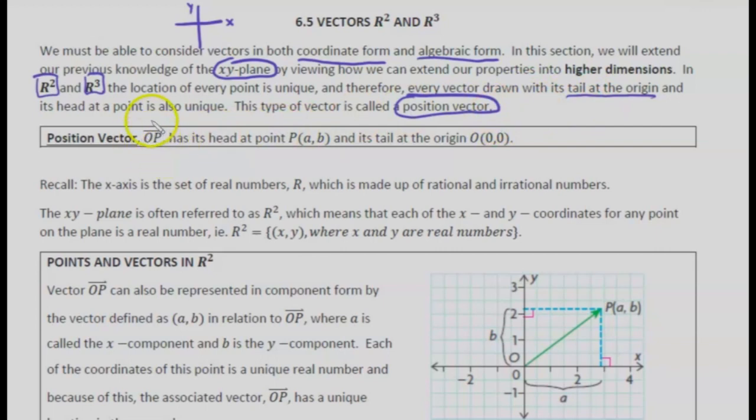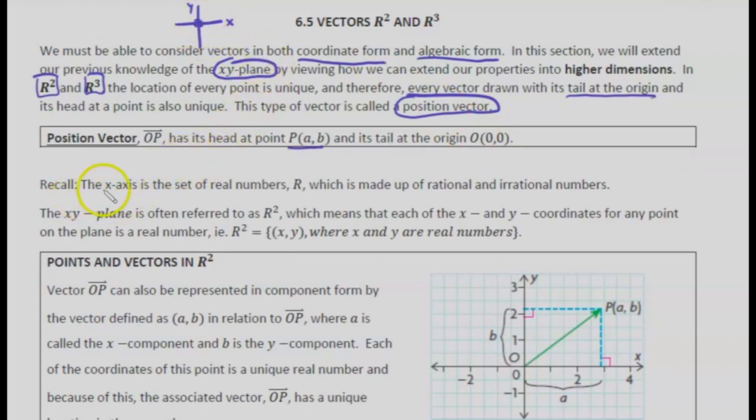Okay, so vector OP has its head at some point P, right? In two dimensions, it'd be (a, b), and its tail at the origin. Okay, and the origin is always (0, 0). That doesn't change. Okay, we know that this right here is the origin.